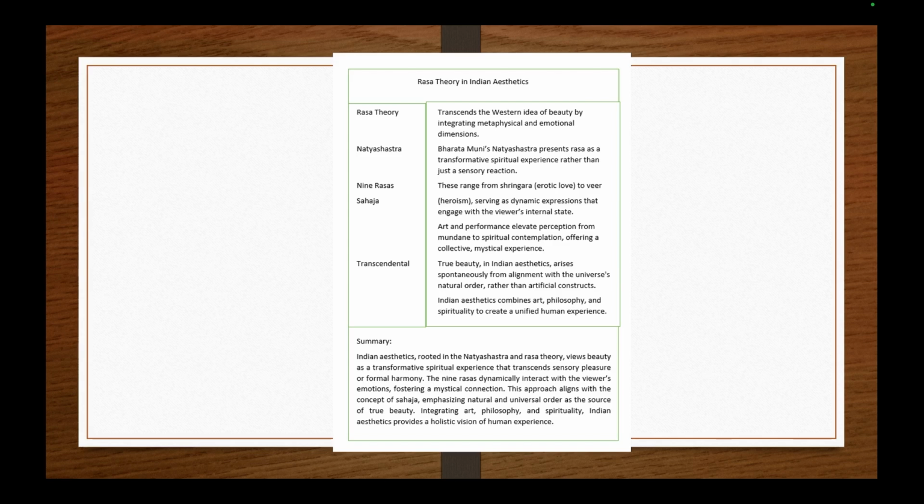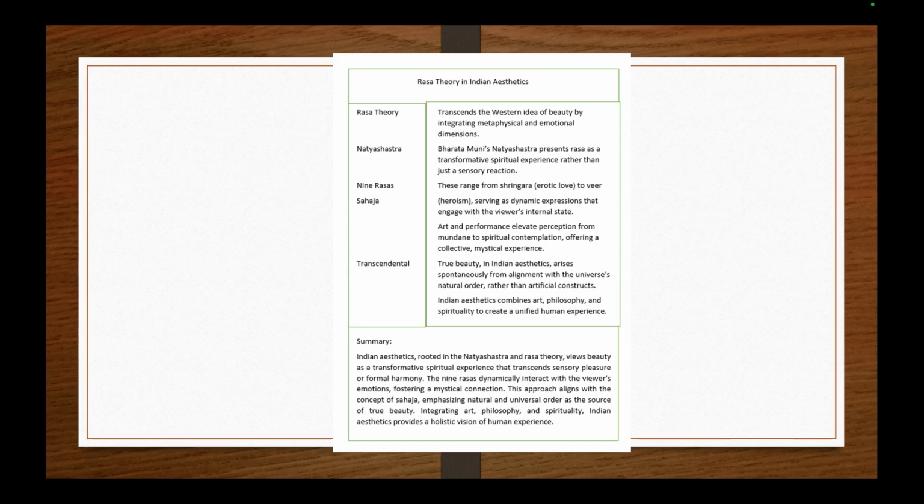Now, to the right, what says that the Indian concept transcends the Western idea of beauty by integrating metaphysical and emotional dimensions. Bharat Muni's Natya Shastra presents Rasa as a transformative spiritual experience rather than just a sensory reaction. These ranged from Shringar, that is erotic love, to Veer, that is heroism, serving as dynamic expressions that engage with viewers' internal state.